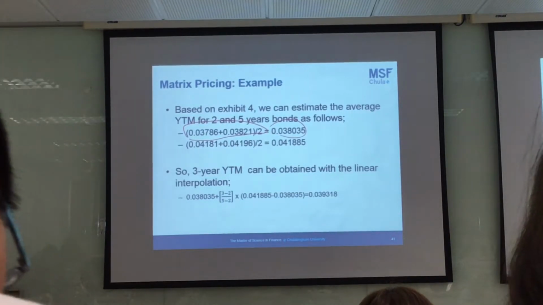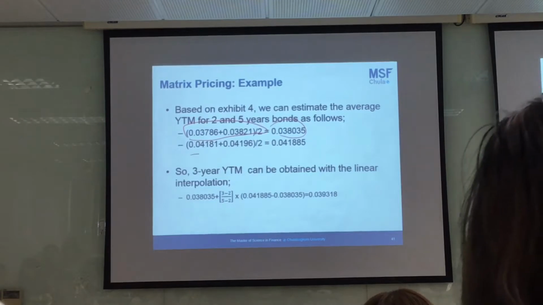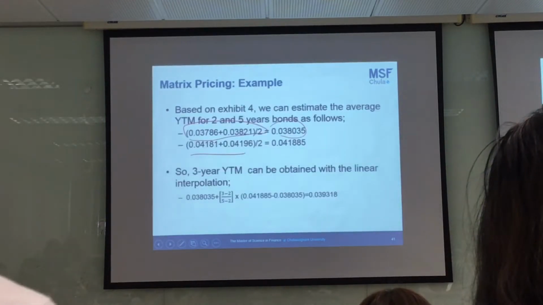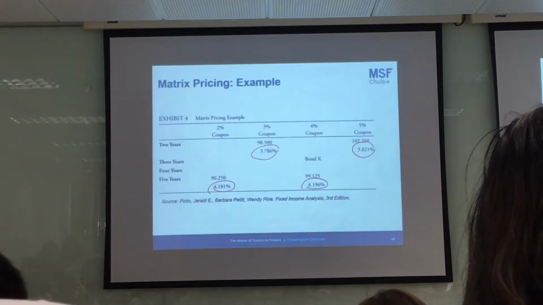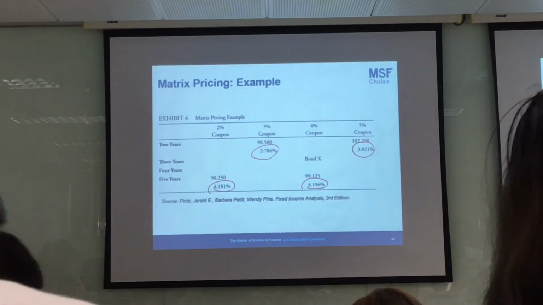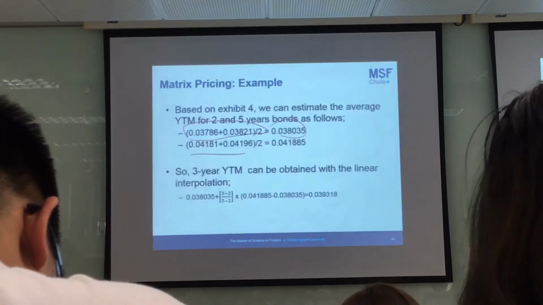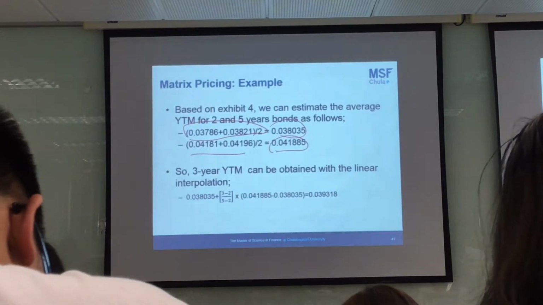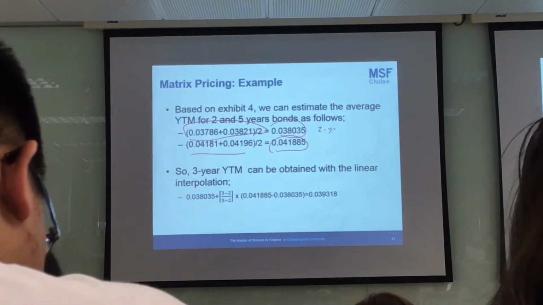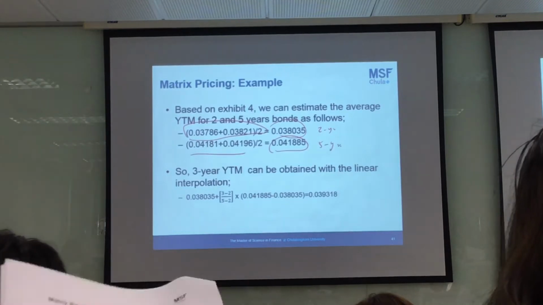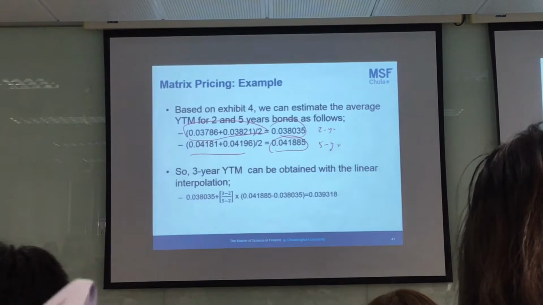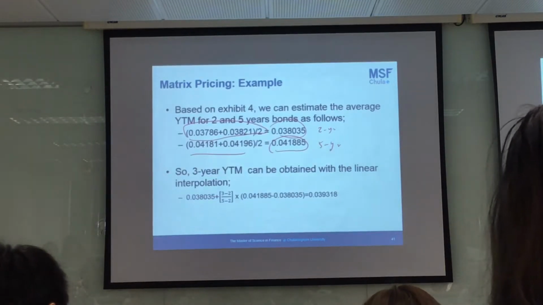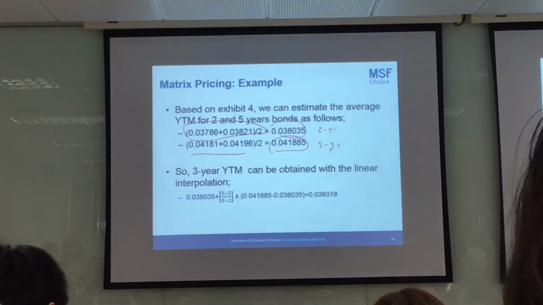And do the same for the 5-year bond, with yields of 4.18 and 4.196. We take the simple average of the 2 yields to come up with the representative yield for 5 years. So this is the yield for 2 years, and this is the yield for 5 years. You want to know the yield for 3 years, so we just do linear interpolation.